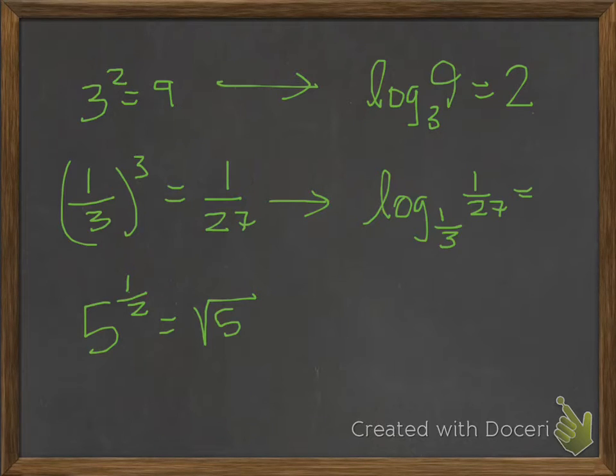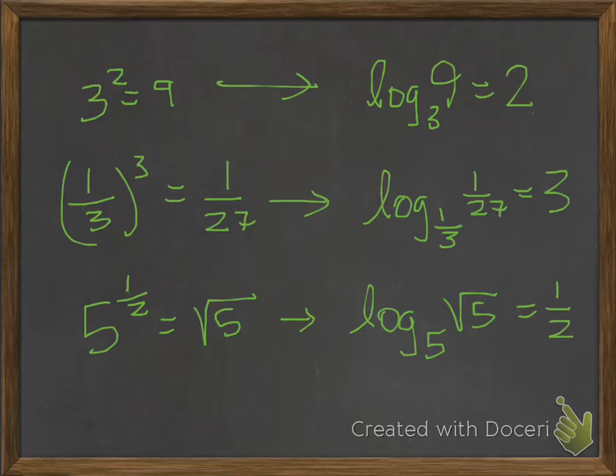So what power do I raise 1/3 to get 1/27? And that, my friends, is 3. And then this last one, log base 5 of the square root of 5. What power do I raise 5 to get the square root of 5? Well, that's the 1/2 power.